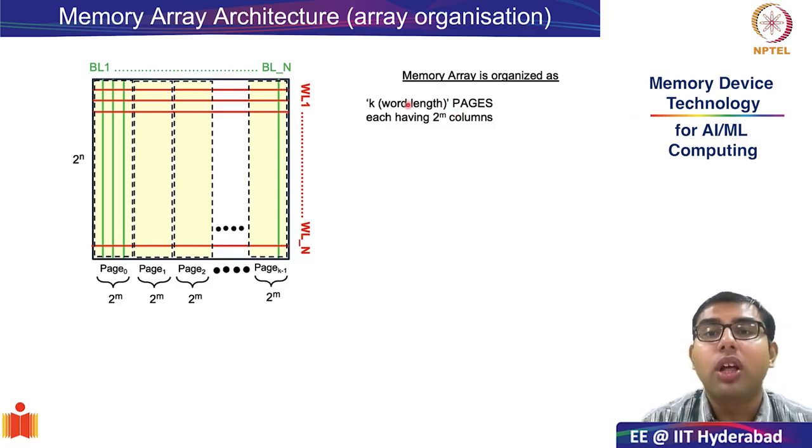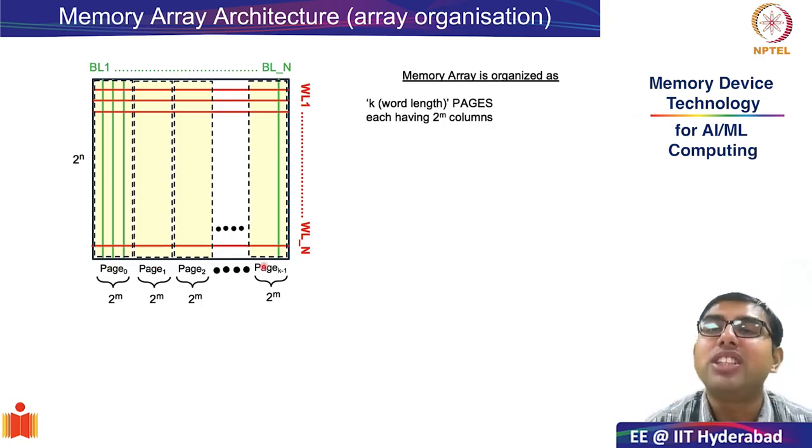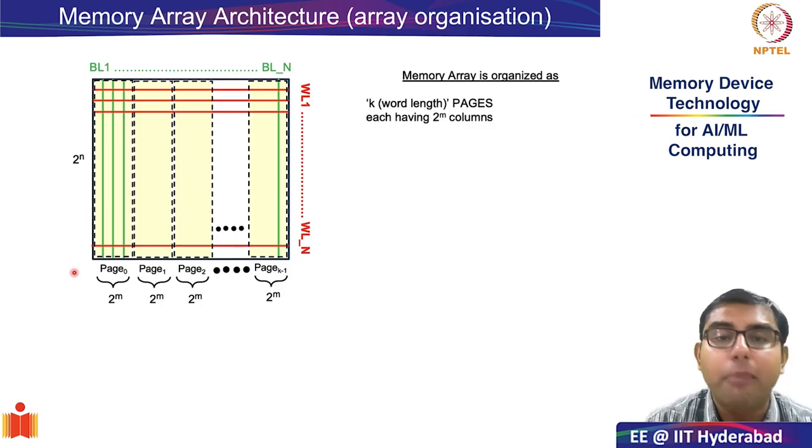So the way it is organized is, I have indicated the pages with dashed lines in this square architecture, from page 0, page 1, right up till page k minus 1. So the total number of pages is k.